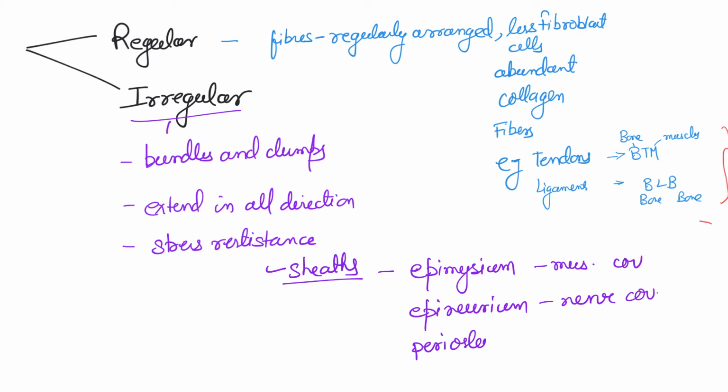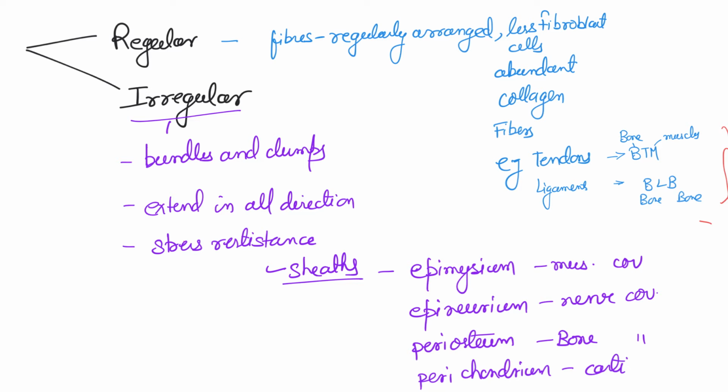Peri, around, osteum, something to do with bone, right? You'll hear about perichondrium, something that wraps around cartilages. So bone covering, cartilage covering, muscle covering, nerve covering. You can get the idea that the chief function of irregular is to just provide protection.